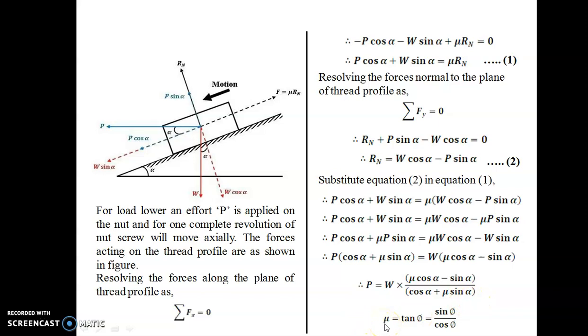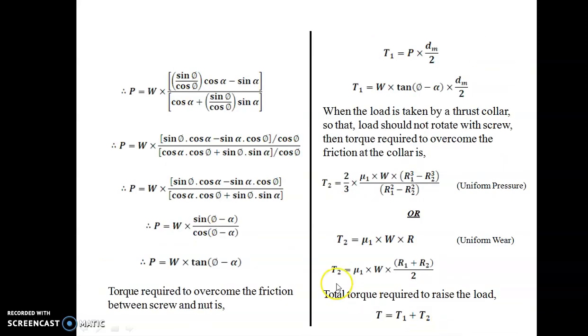Mu, the coefficient of friction, is equal to tan phi, where phi is the friction angle. Tan phi is equal to sin phi divided by cos phi. Put that value in the equation of P. P is equal to W into sin phi divided by cos phi into cos alpha minus sin alpha, divided by cos alpha plus sin phi divided by cos phi into sin alpha.